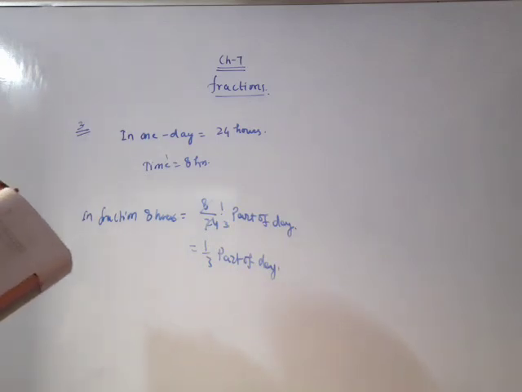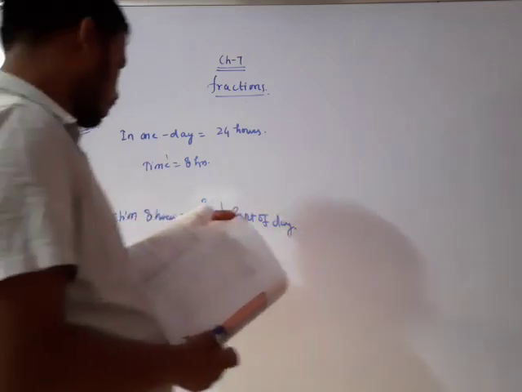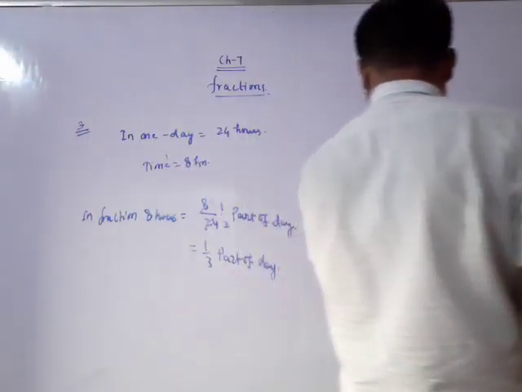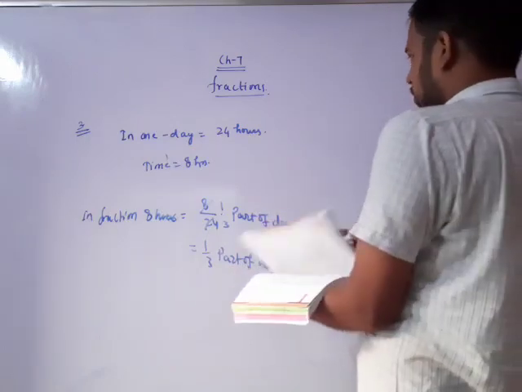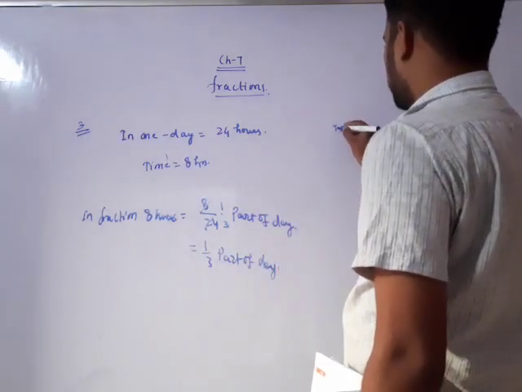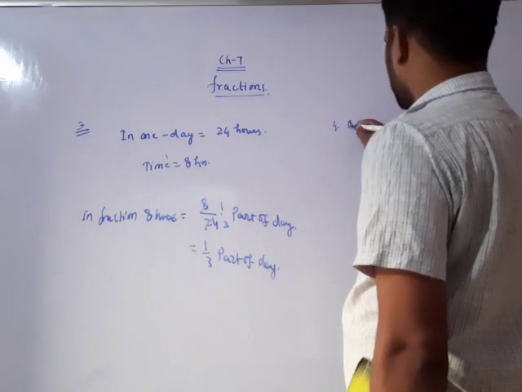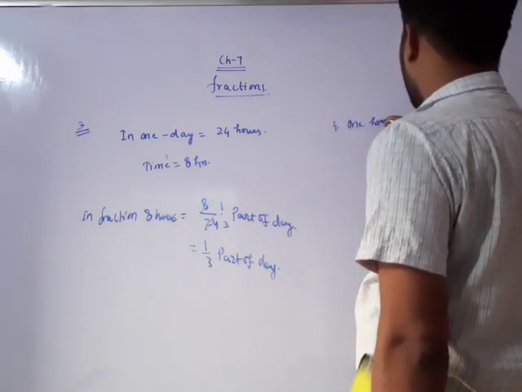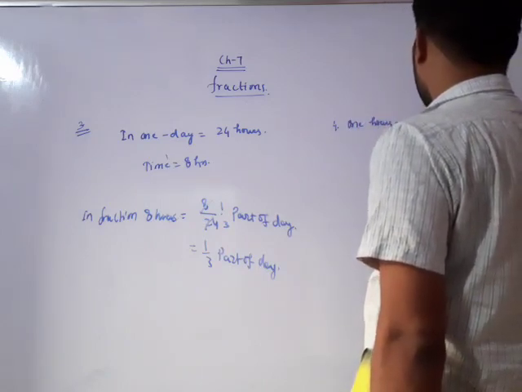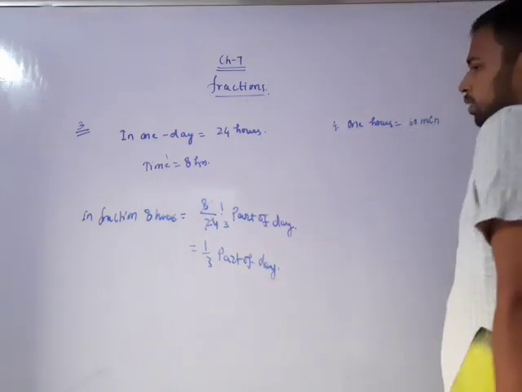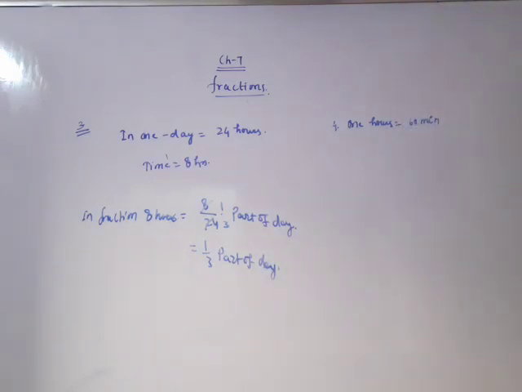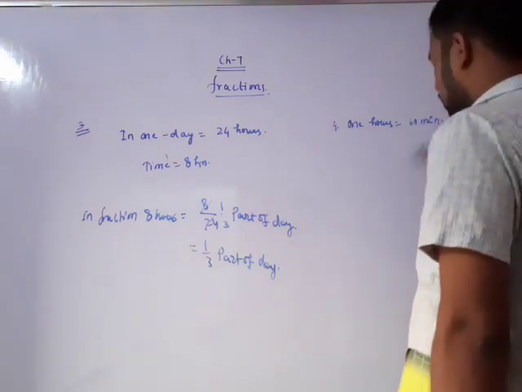Question number 5. What fraction of an hour is 40 minutes? 1 hour will be equal to 60 minutes.